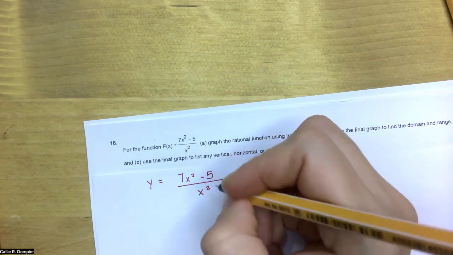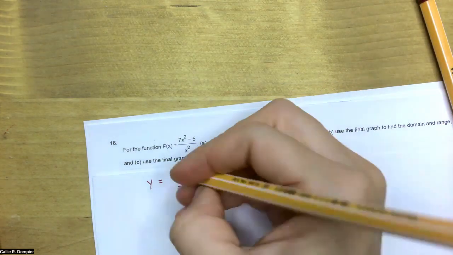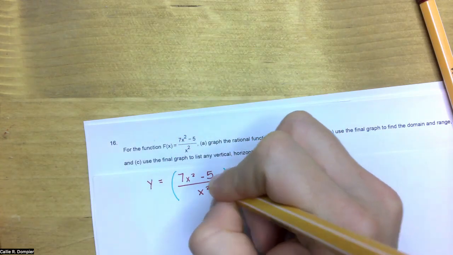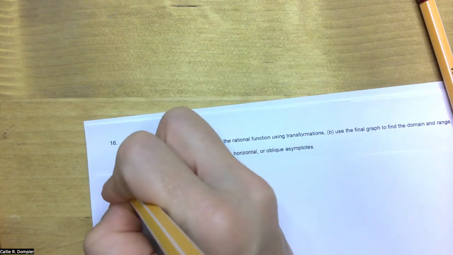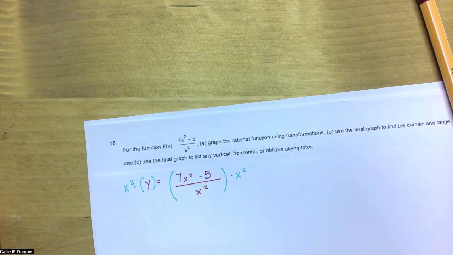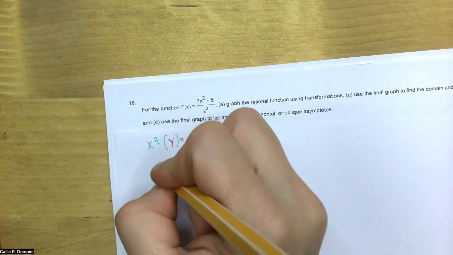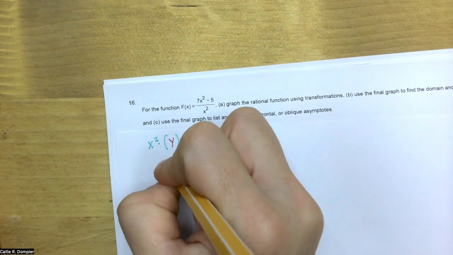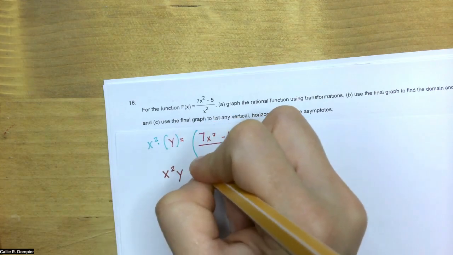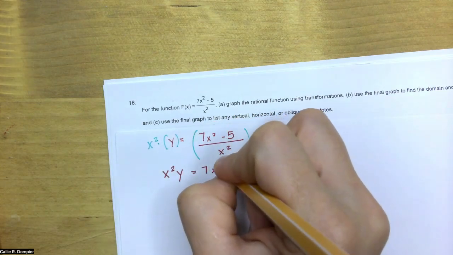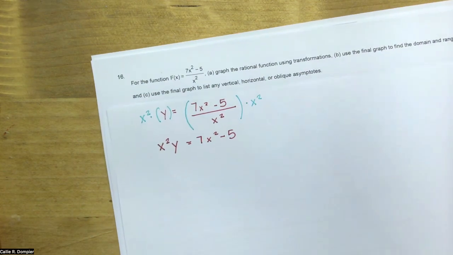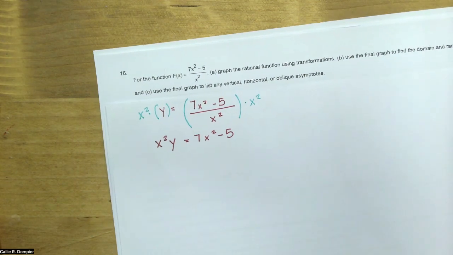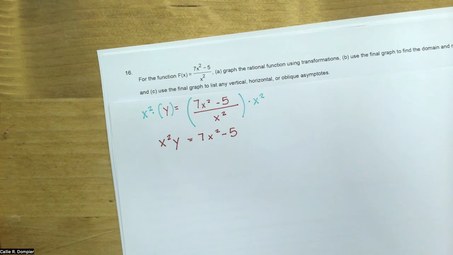Since it's a fraction, we're going to multiply both sides by the denominator to get rid of the fraction. So now we've got x squared y equals 7x squared minus 5. And if we are solving for x, that means we want to get all of the x's to one side.